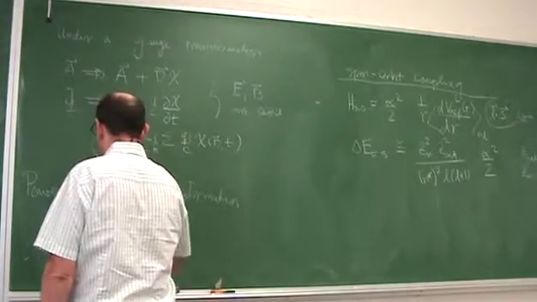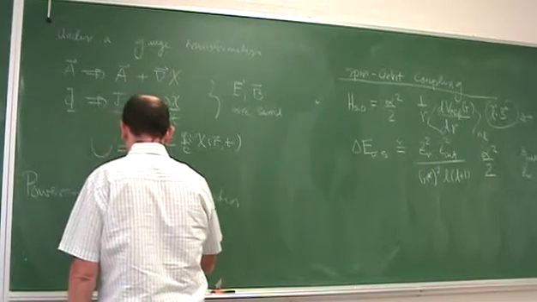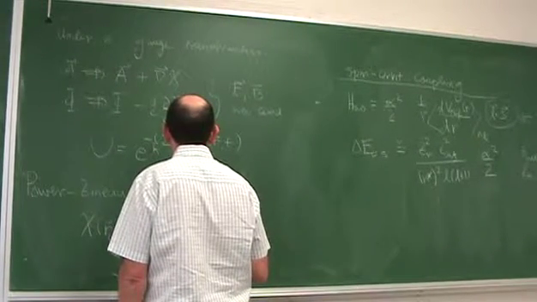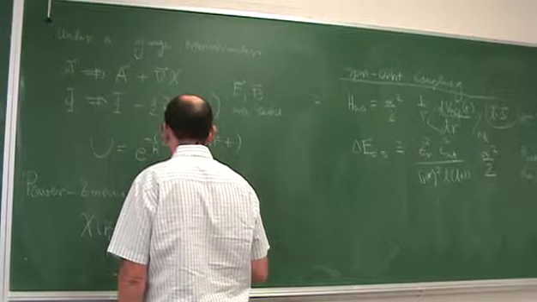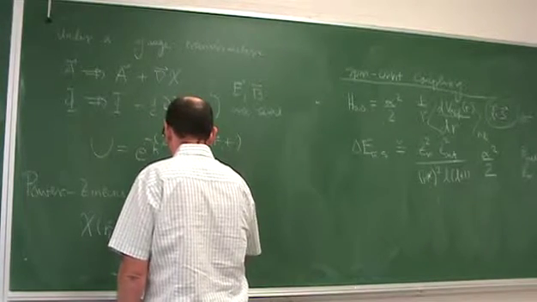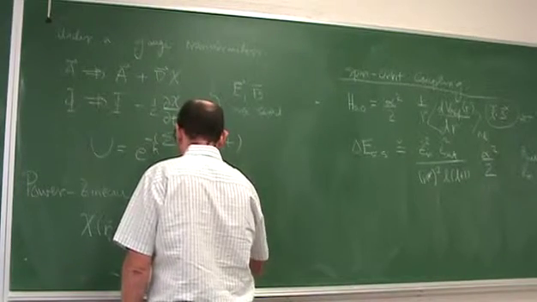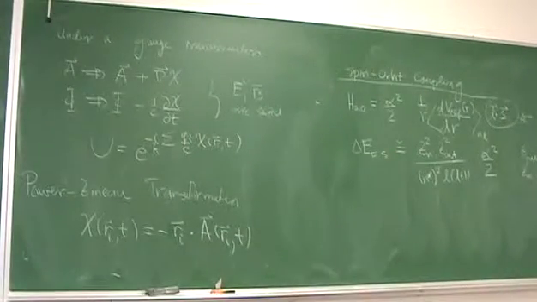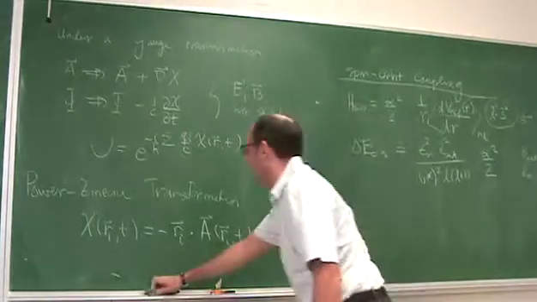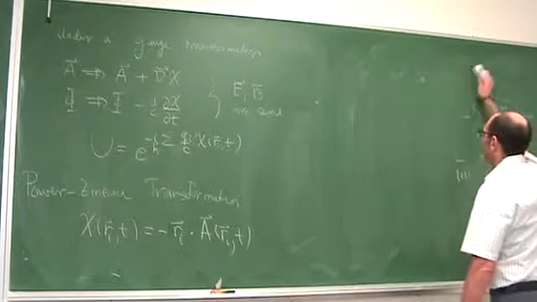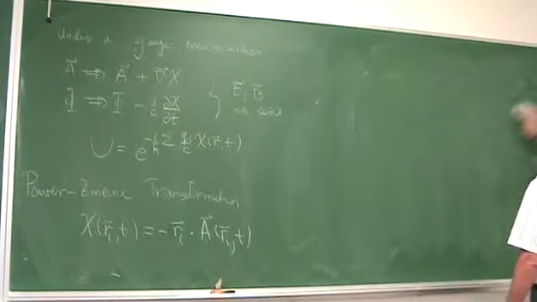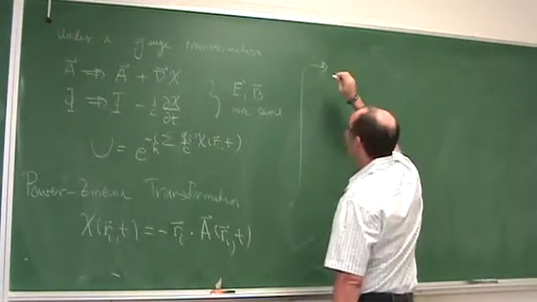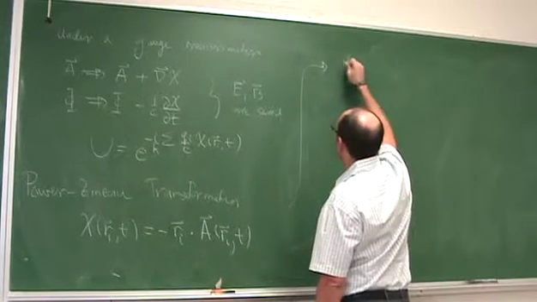By choosing the following form, having a new gauge where I choose chi to be equal to minus r sub i dotted into the original A, when I do so, firstly, it's easy to take the time derivative of this.